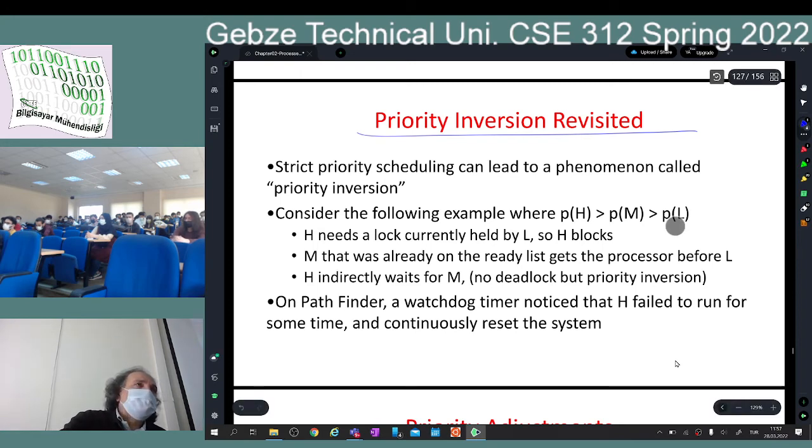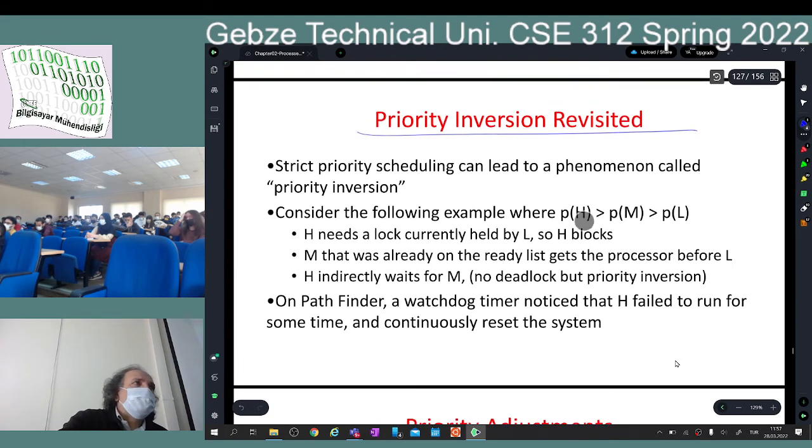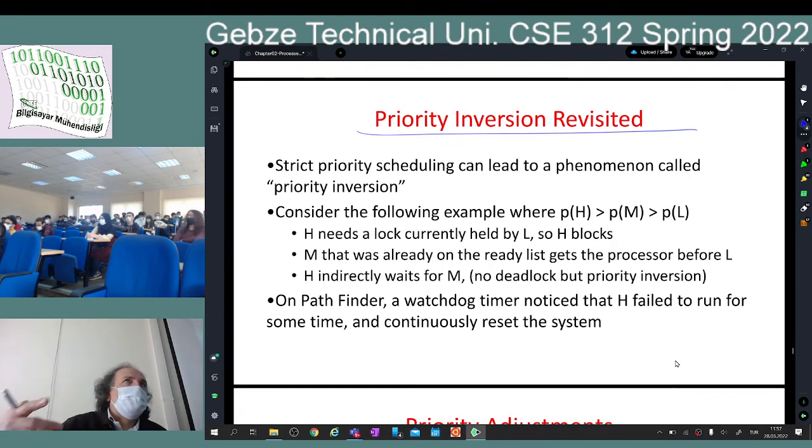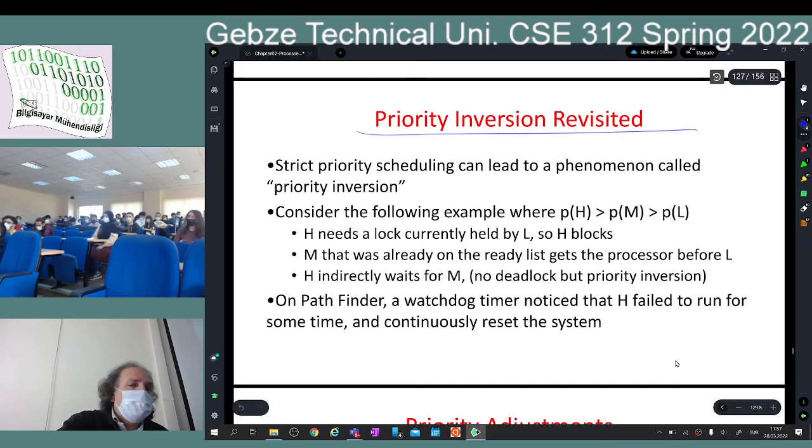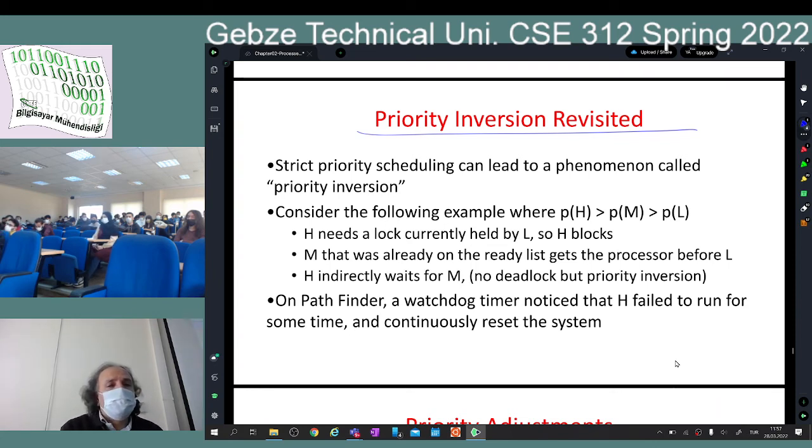L entered the critical region and holds the lock, and H started running. Since H has the higher priority, L will be preempted. H will take the CPU, but H needs that lock. So H cannot continue. H says, okay, I'm blocked.